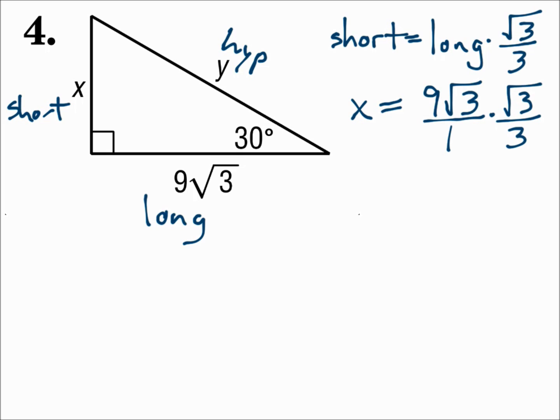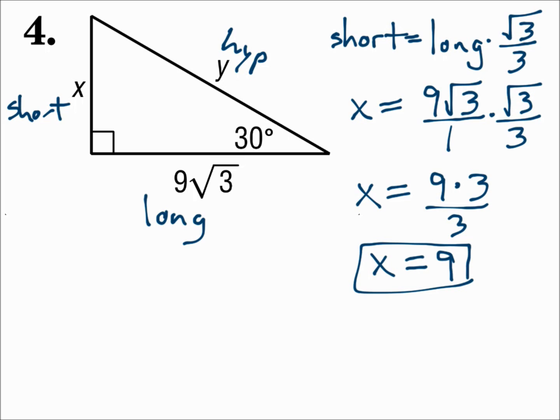You can put that over 1. X equals 9 times 3 over 3, because the square root of 3 times the square root of 3 equals 3. So x is 9. Now find the hypotenuse.